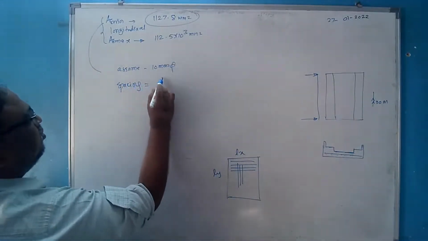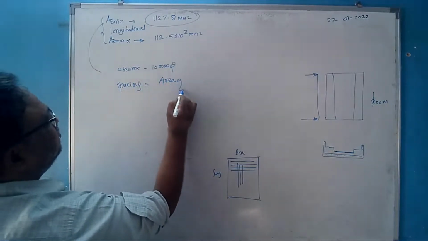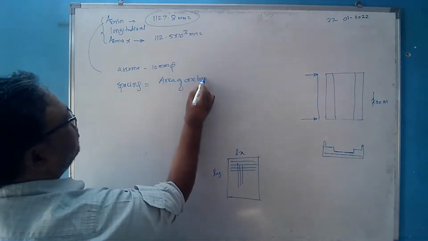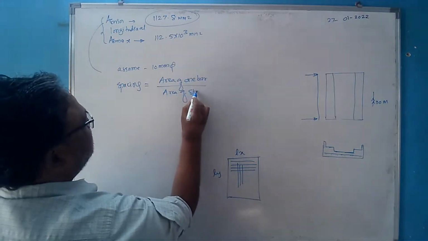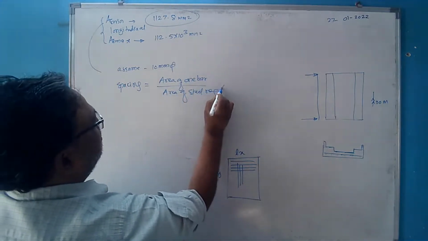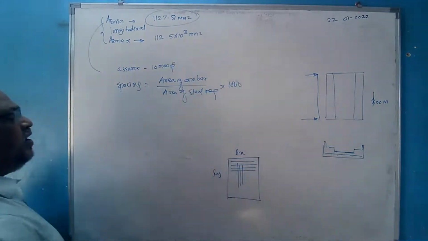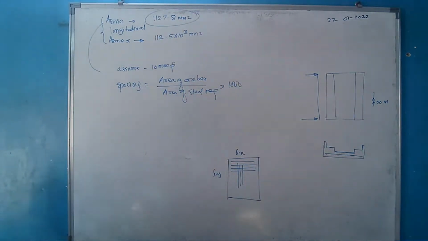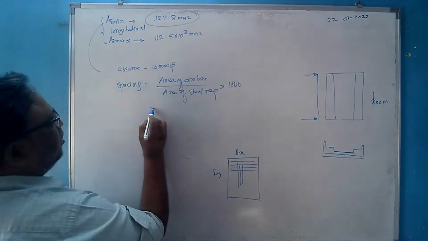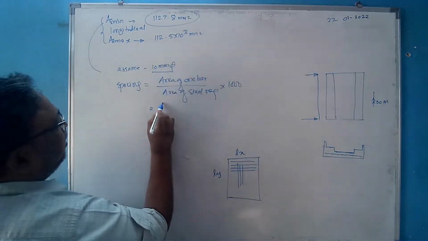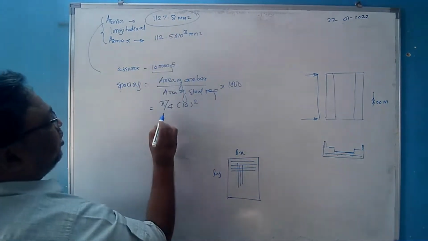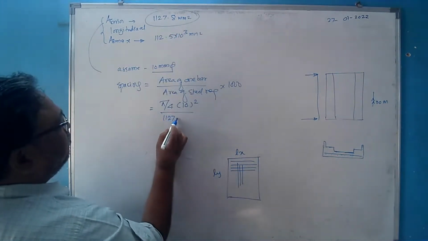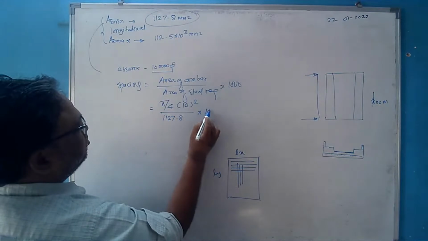The spacing is equal to the area of one bar divided by the area of steel required, multiplied by 1000, because we solve in reference to 1 meter width. So the area of one bar for 10 mm will be pi by 4 into 10 square, divided by the area of steel required, 1127.8, multiplied by 1000.